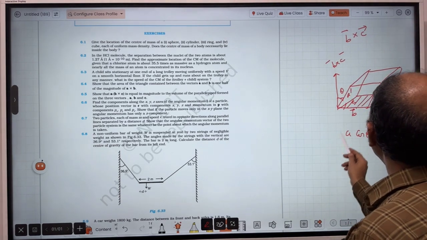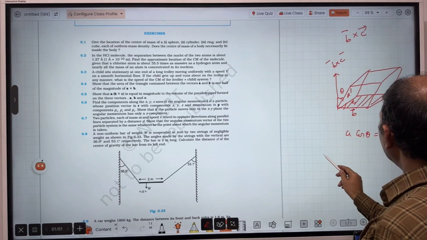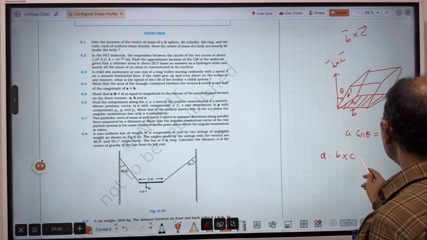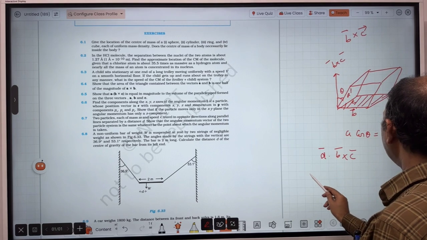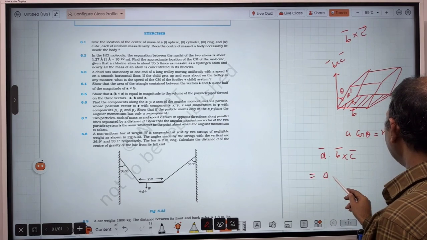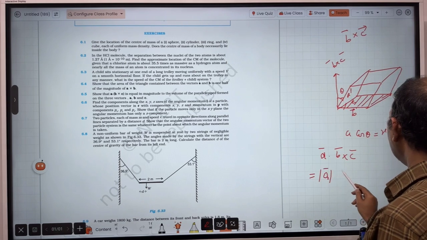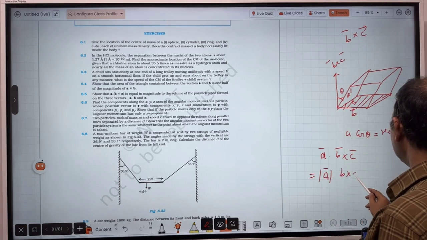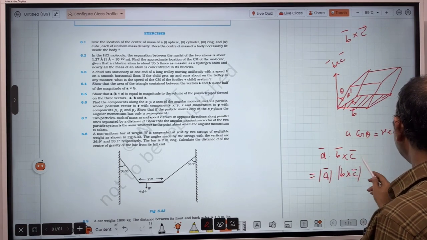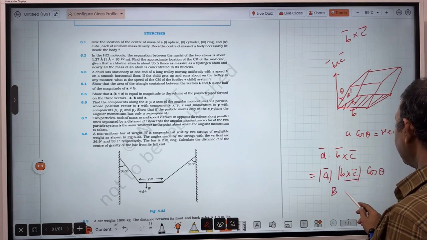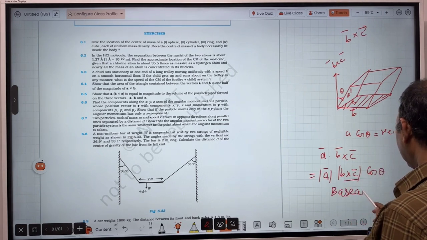So now if we find A dot B cross C, what do we get? We get modulus of A, modulus of B cross C times cos theta. And you know this is base area.